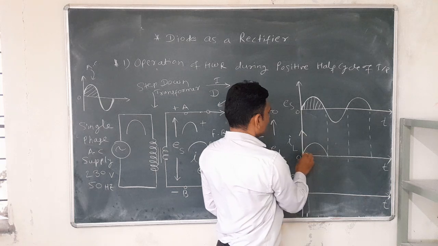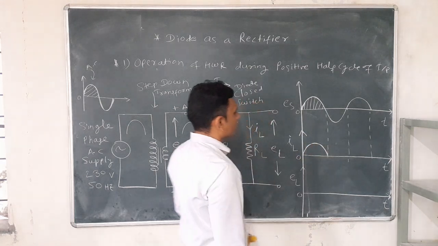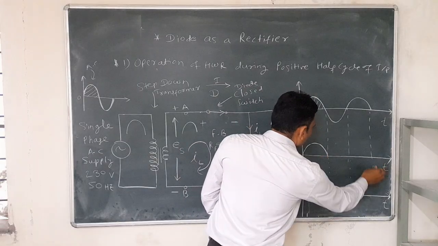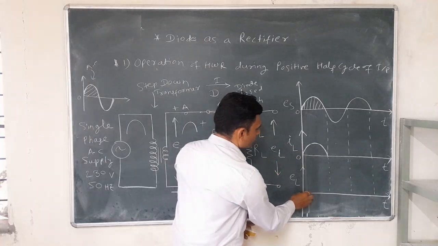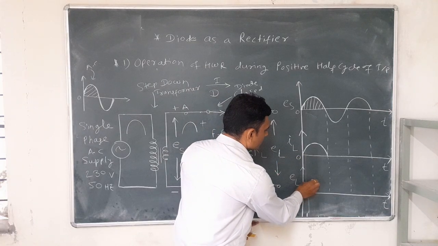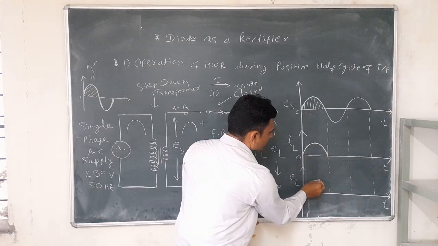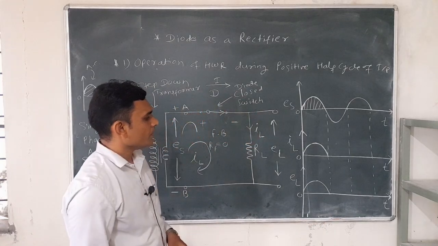So the shape of this current is similar to the input signal. Input is positive, therefore this current waveform is also positive. Then the output voltage depends on this load current. So when load current increases, output voltage increases. When load current decreases, the output voltage, that is the load voltage, also decreases.